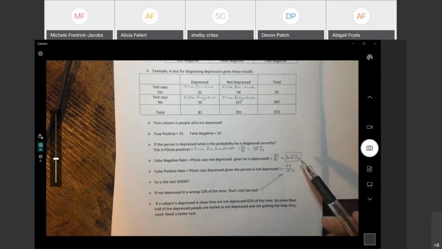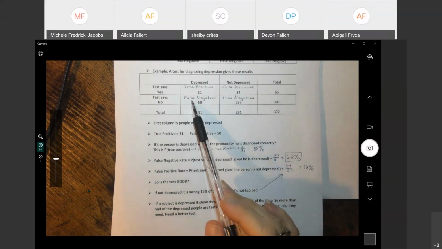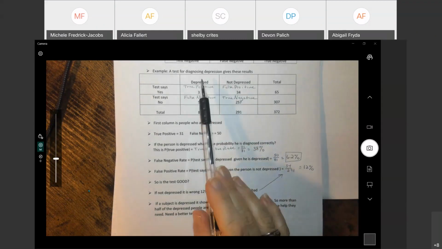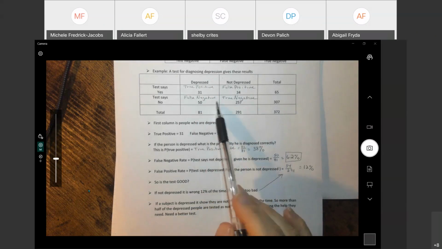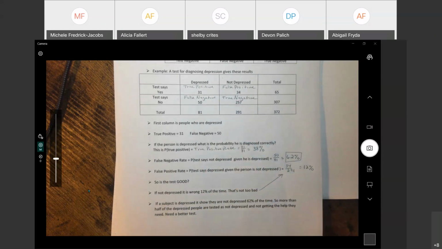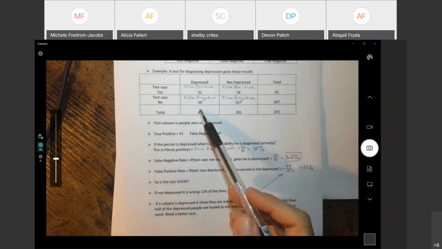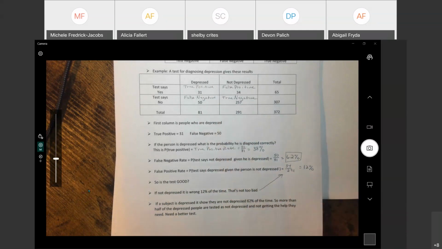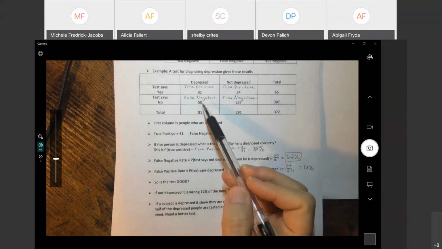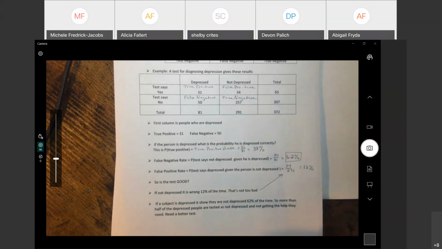That's a problem. And so sometimes on these tests, these people that fall into this category where it says you're not depressed, maybe they need more evaluation. Any questions on that? So when they're off that much, they either need another test or a second test.